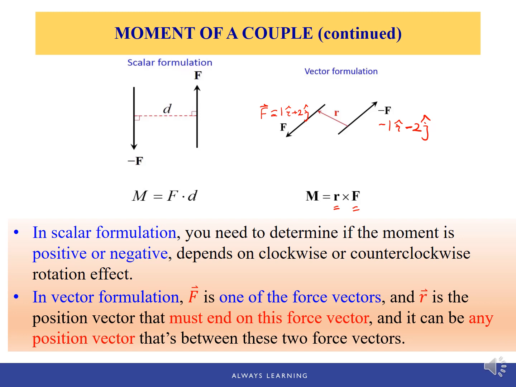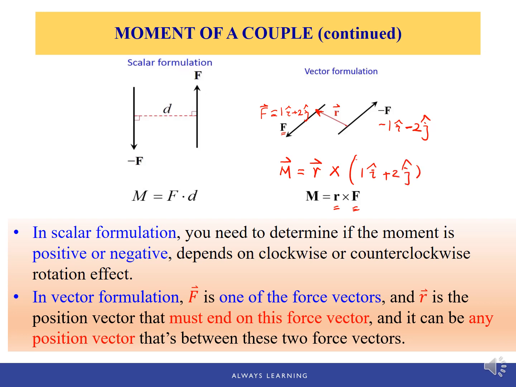If this is the position vector, we choose this position vector r. This r has to end on the force vector we choose to do the cross product, which means in this case, this moment M equals r cross the force it ends on, which is 1 i hat plus 2 j hat.